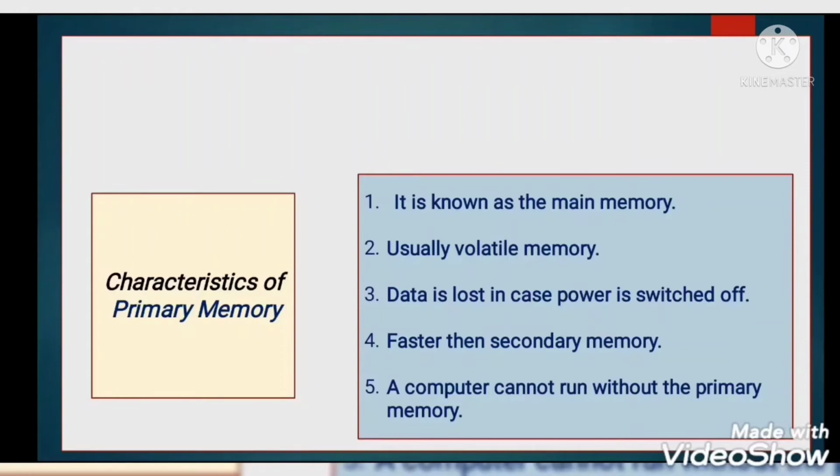Number 3, data is lost in case the power is switched off. Number 4, it is faster than secondary memory. And number 5, a computer cannot run without the primary memory. Yes, so primary memory is very important, already you can understand. Without primary memory, your computer will not run.